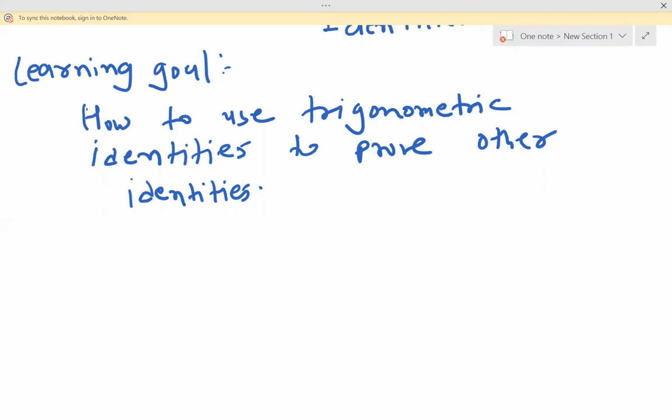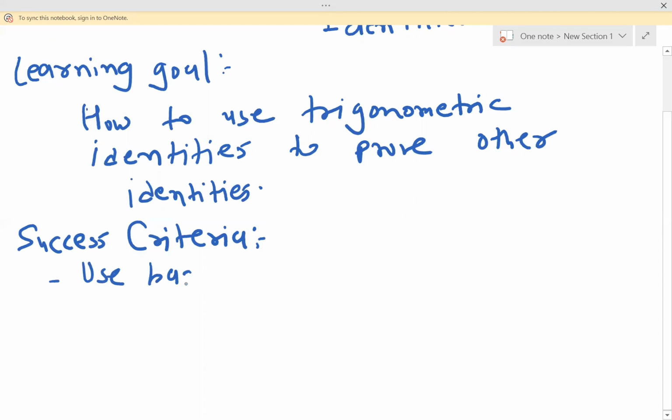Okay. Till the end of the class, we will solve lots of questions. We will prove them in mathematical form. Whatever we gain will become my success criteria. So what are success criteria? My success criteria: use basic trigonometric identities.